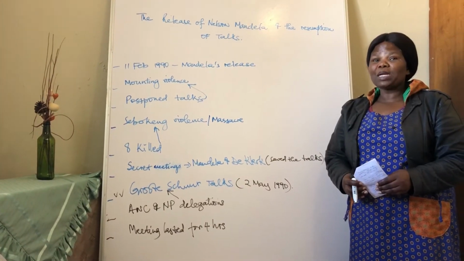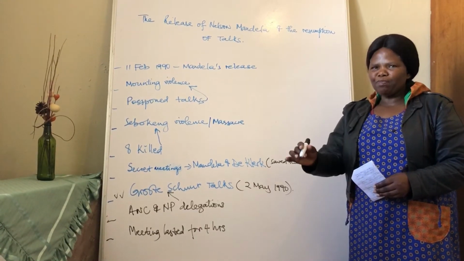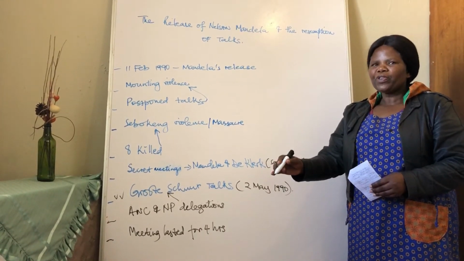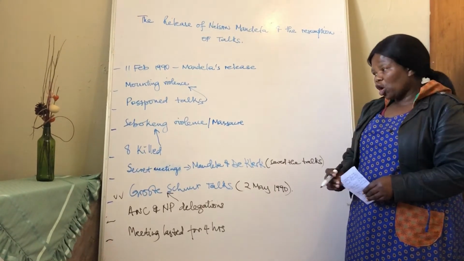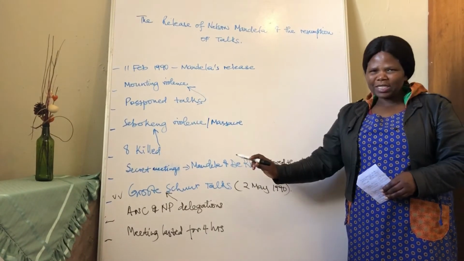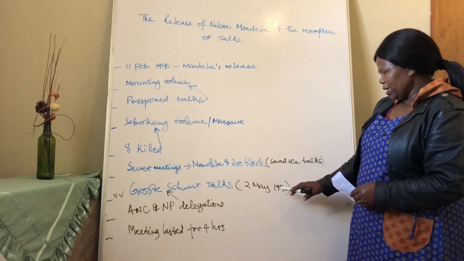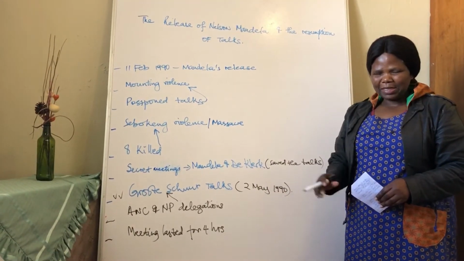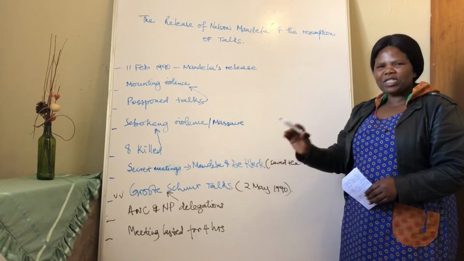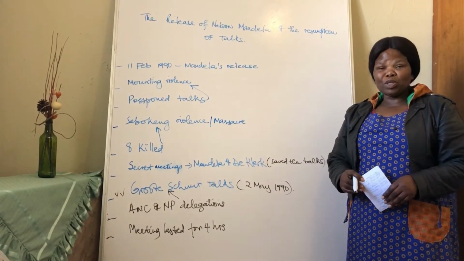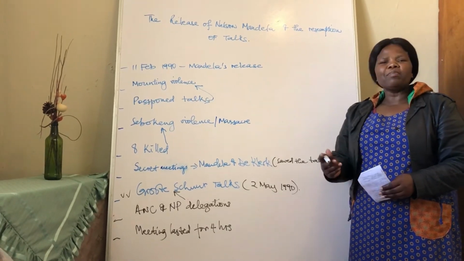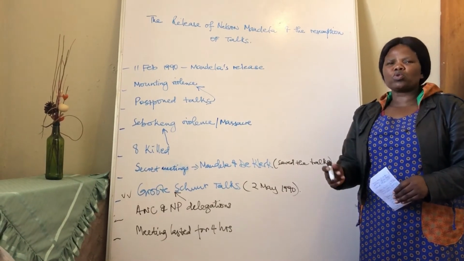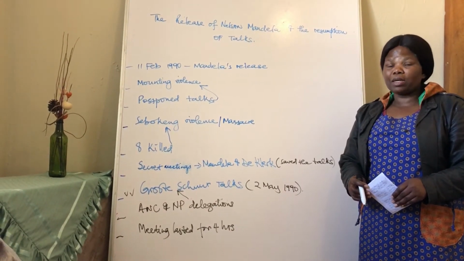The first formal meeting between the NP, National Party, and the ANC were the talks that were held at Groote Schuur on 2 May 1990. On 2nd May 1990, the first formal meeting was held between the NP delegation and the ANC delegation. The meeting at Groote Schuur is also referred to as the Groote Schuur Minute.